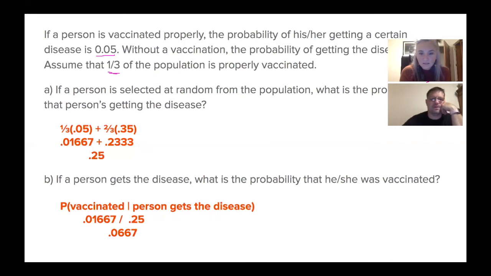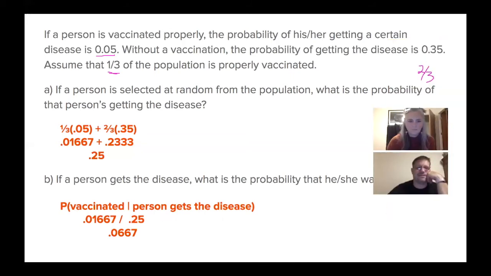I don't see where the 0.0166 came from. Should that be 0.05? No. Hold on. I think it's me not being able to type. I think that should be the probability that they were vaccinated.